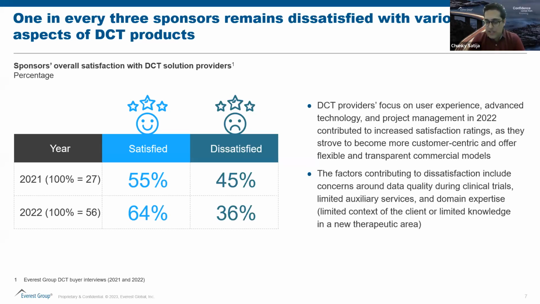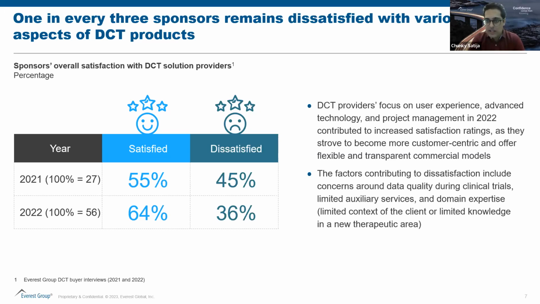The other was auxiliary services. Now, I think sponsors acknowledge that they don't expect the product, the platform, the services, everything to be under one roof, but they do expect the DCT provider to orchestrate these services. So having partnerships for auxiliary services, partnerships with data providers, with technology vendors, with system integrators.